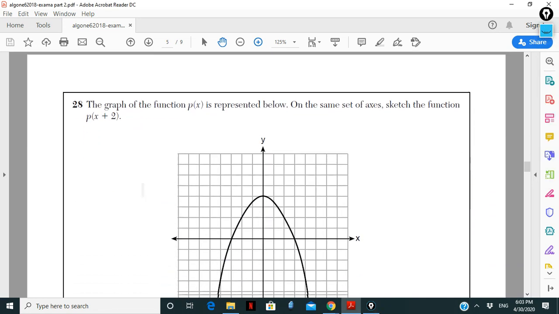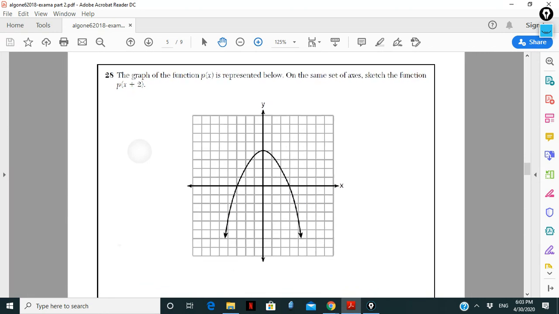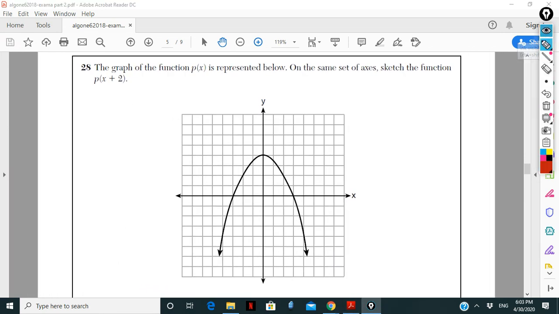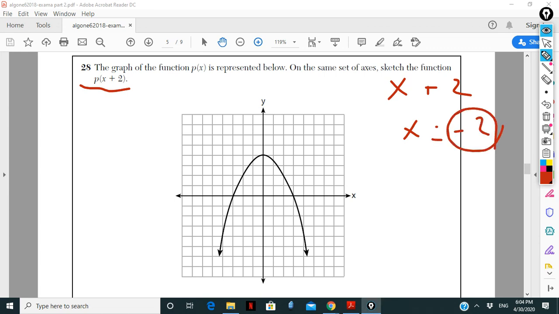Question number 28. Now, you want to graph this function on that graph. So first I have to know the type of transformation. It's x plus 2, so x equals negative 2, so it moves to the left by 2 units. So I'm going to move all the points 2 units to the left.